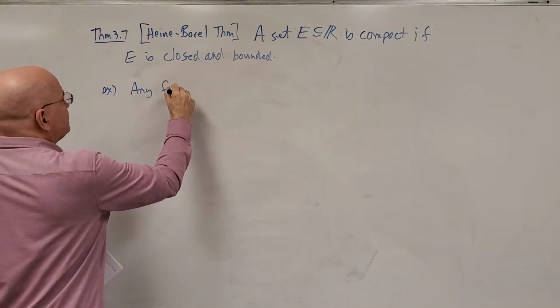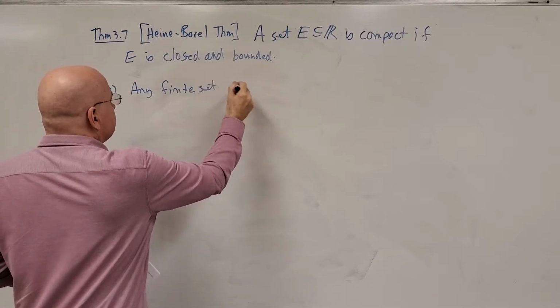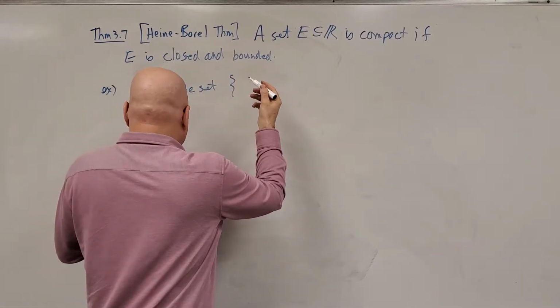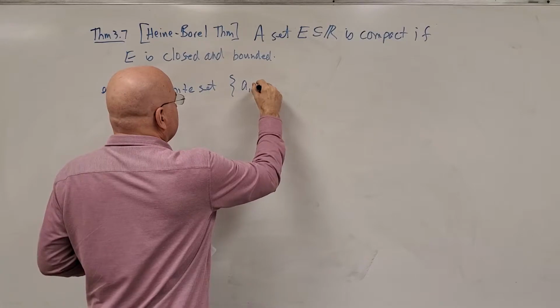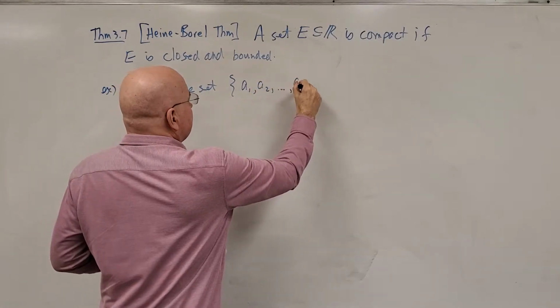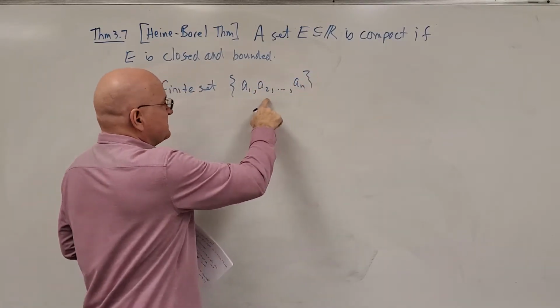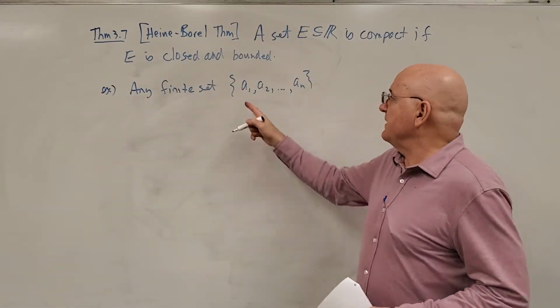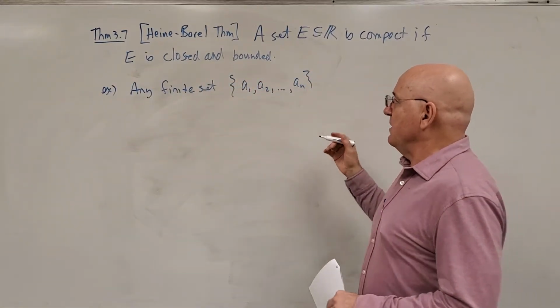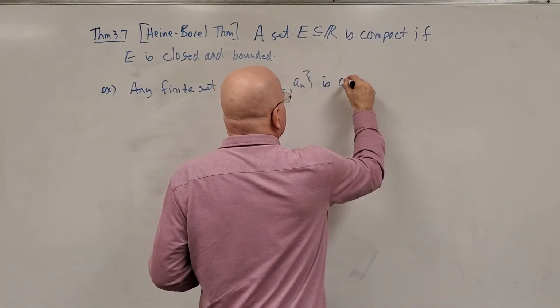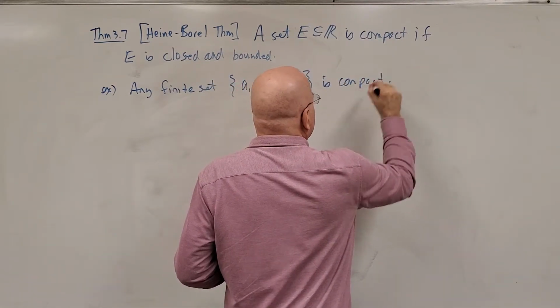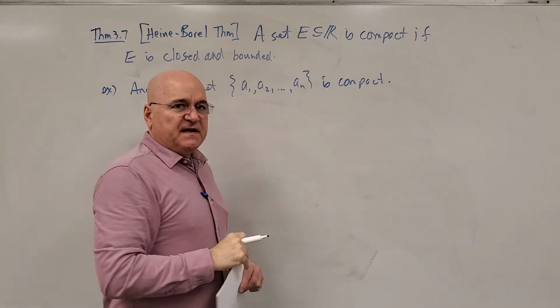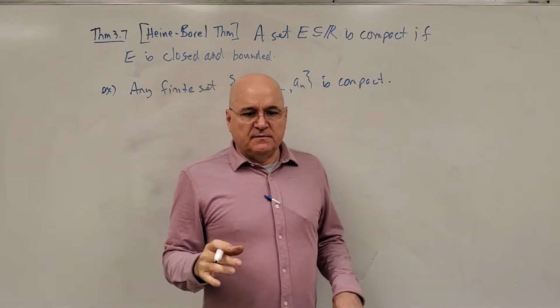Any finite set could be represented by something like this, where this set contains n elements. N is some fixed natural number. We've got a finite set. That is a compact set. And it's very easy to explain why.